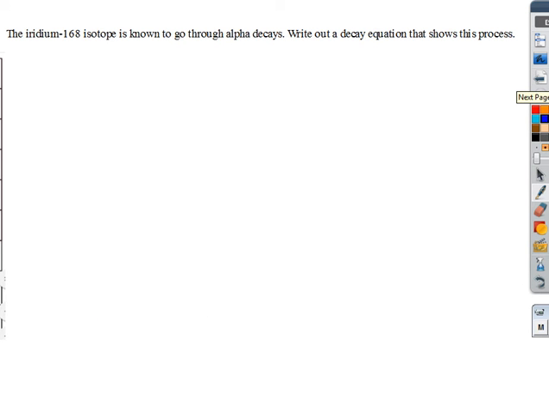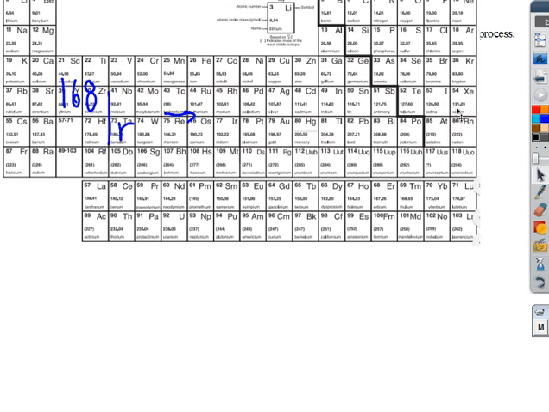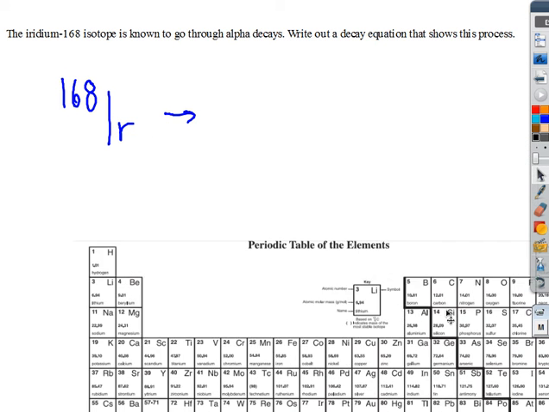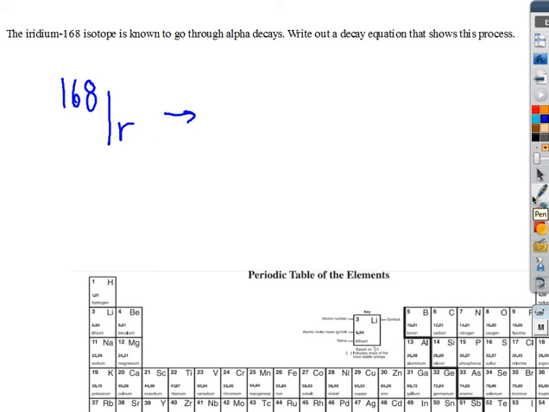So here's another example, an iridium 168 isotope. So it's iridium 168 going through an alpha decay. So again, I need to know the number of protons for iridium. I look at my periodic table. Iridium is 77 protons. Now if it's an alpha decay, I know that it's going to emit an alpha particle from that nucleus. So that's helium.